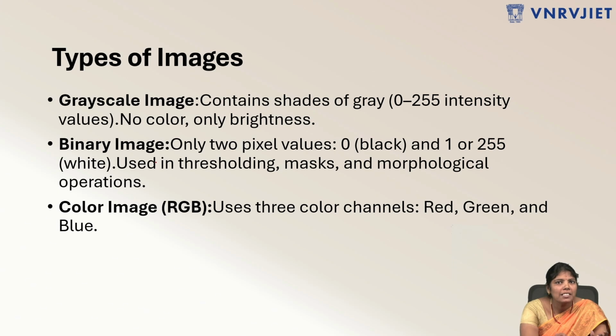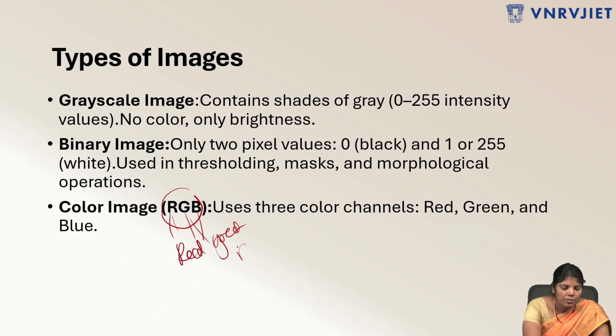A binary image has either black or white, and a color image has colors. All colors appear with the help of RGB: red, green, blue. By mixing these three colors, you get the color image. So this is the red color, green color and blue color. These are the RGB channels.